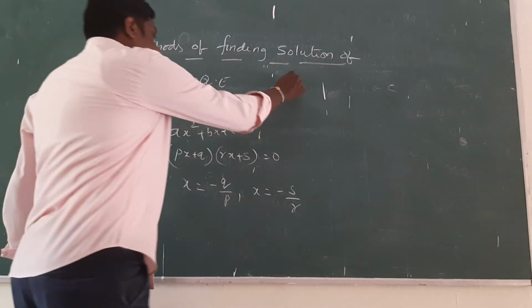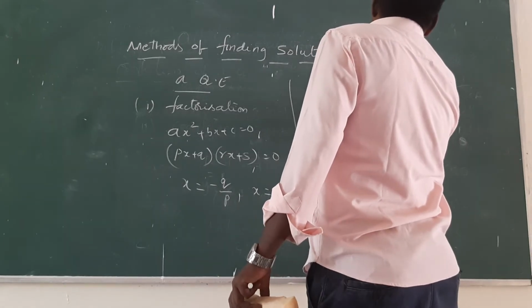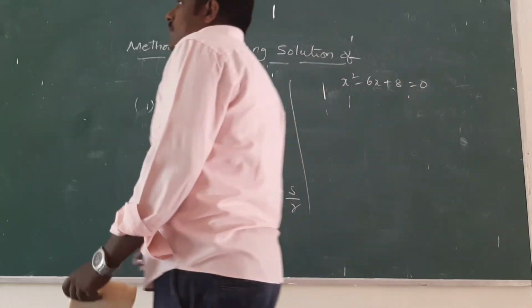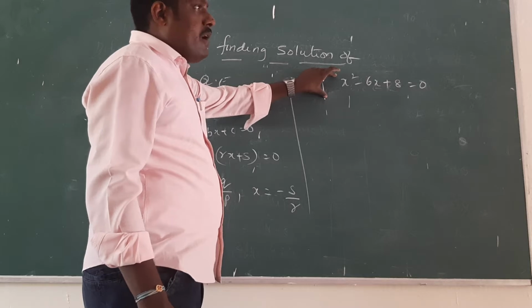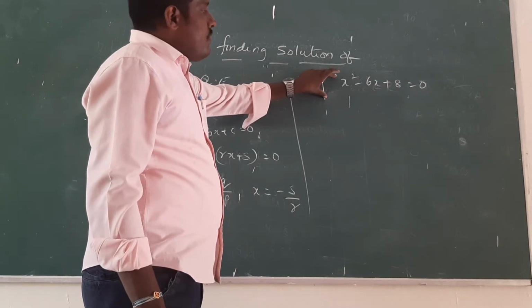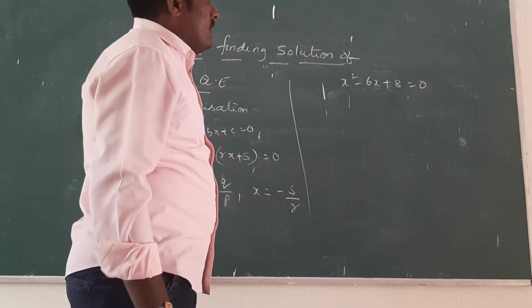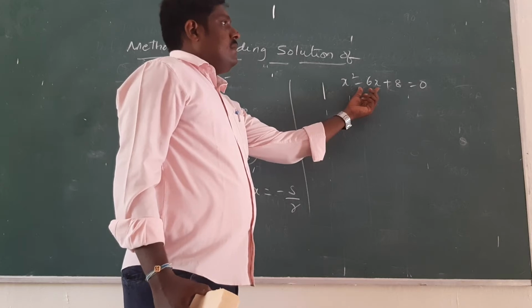Let us take one example: x square minus 6x plus 8 is equal to 0. This is the given quadratic equation. We have to solve this quadratic equation by using the factorization method. First we should factorize the given quadratic equation. That means first we have to split the middle term.